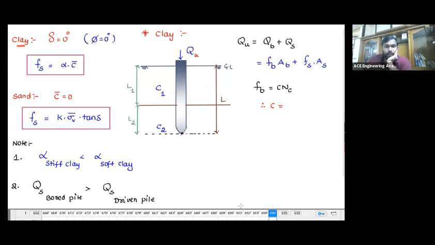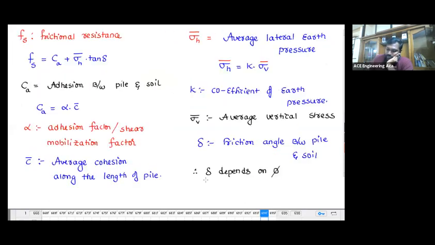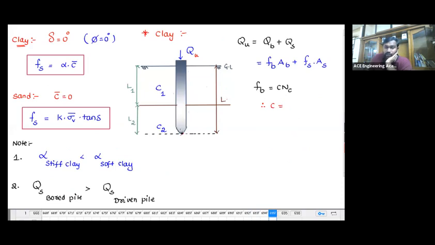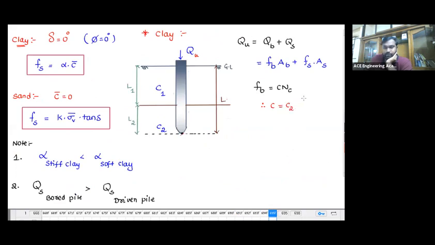Now, if you observe, you know that for clay, FB is equals to CNC. Already I have found it out. And what is the C value here? The C is nothing but cohesion at the pile tip, I have clearly mentioned that. So here the C is nothing but C2.